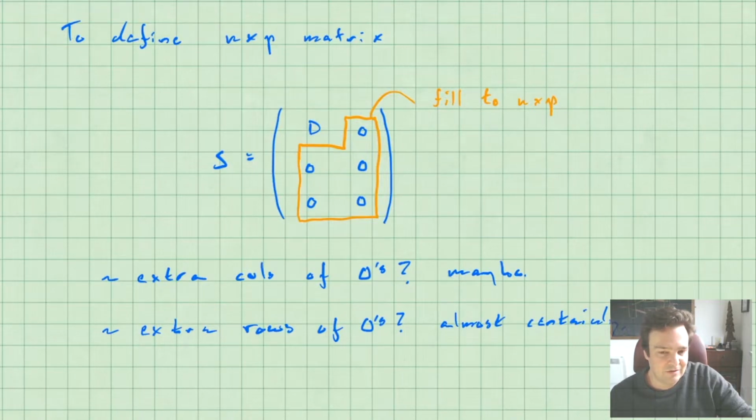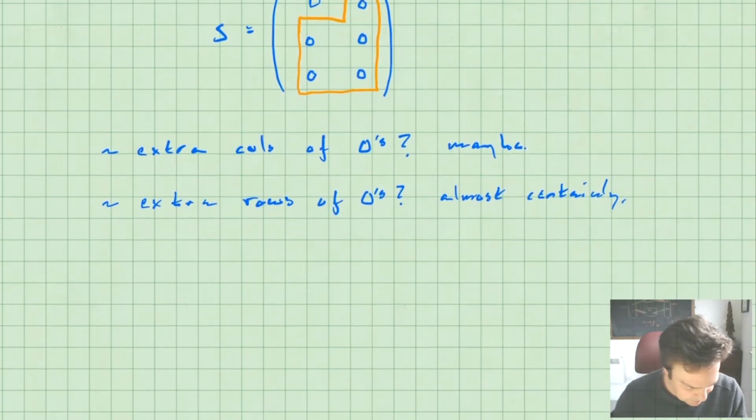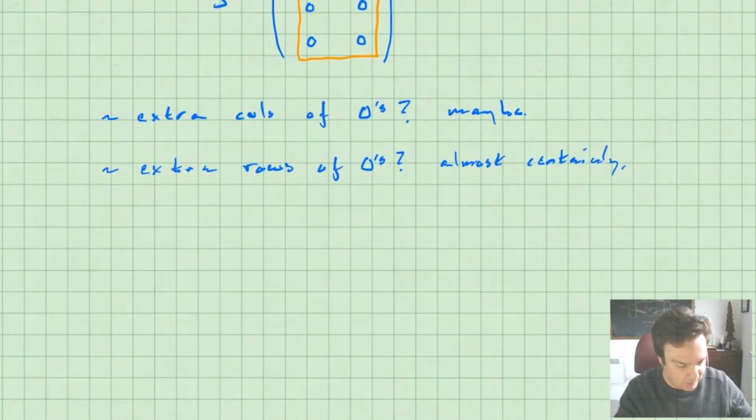It would be pretty bad if the number of observations matched the numbers of features for us. Usually that's bad news. So almost certainly you're going to have some extra rows here, and maybe you'll have some extra columns if you didn't have sort of a full rank matrix or covariance matrix. Okay, so that's kind of where we are.